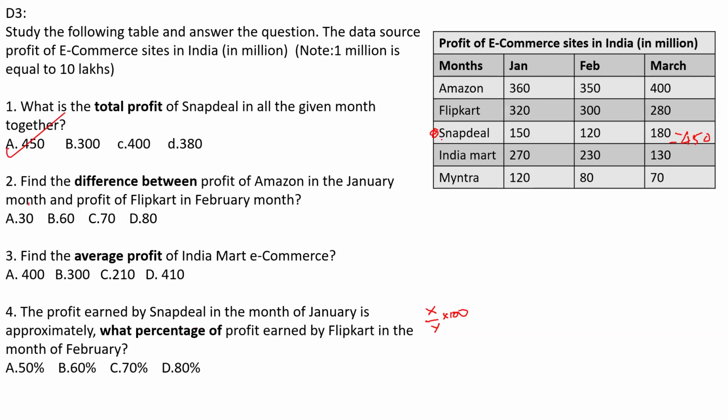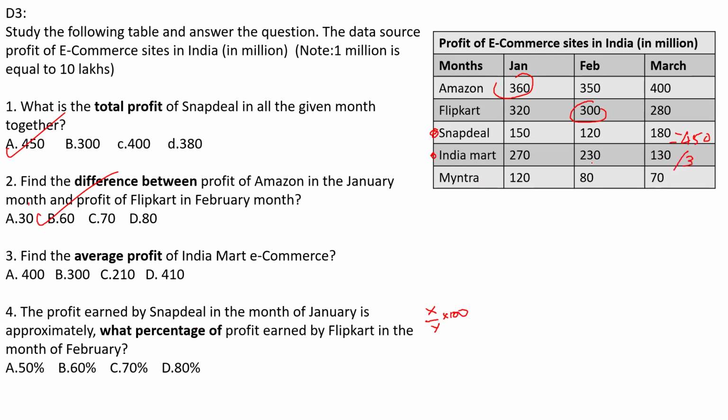Difference between the profit of Amazon in January and the profit of Flipkart in February. With mental calculation, 60 would be the answer, 360 minus 300. Average profit of IndiaMart: you just need to find the total divided by 3.